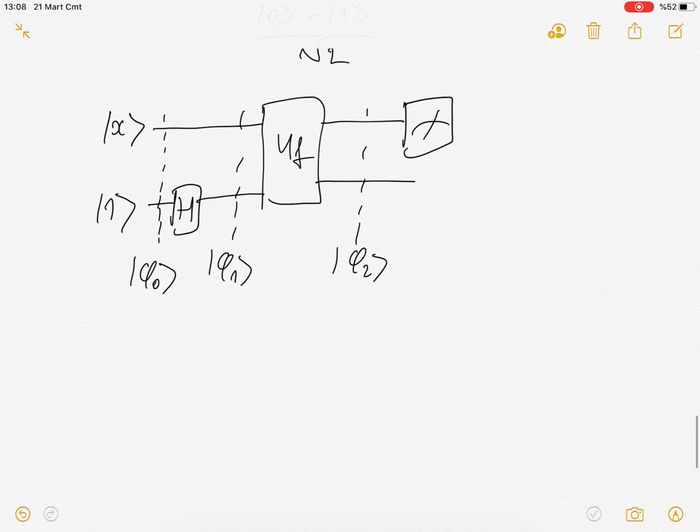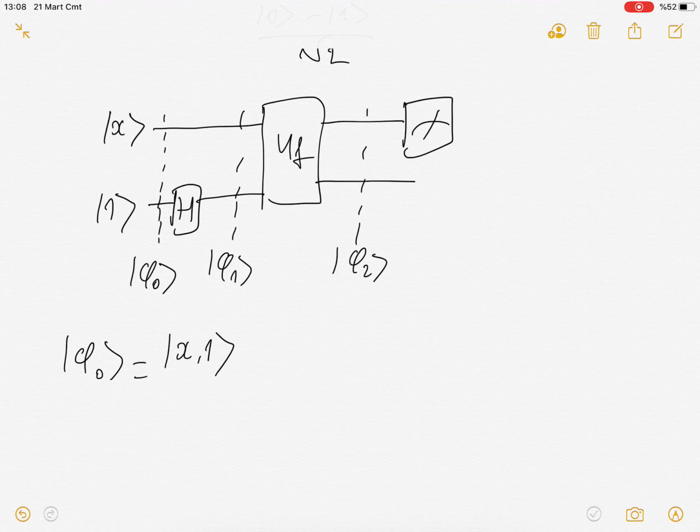So it's immediately clear that phi 0 is basically |x, 1⟩. The first qubit is in an arbitrary state that we don't know, and the second qubit will be in state 1.